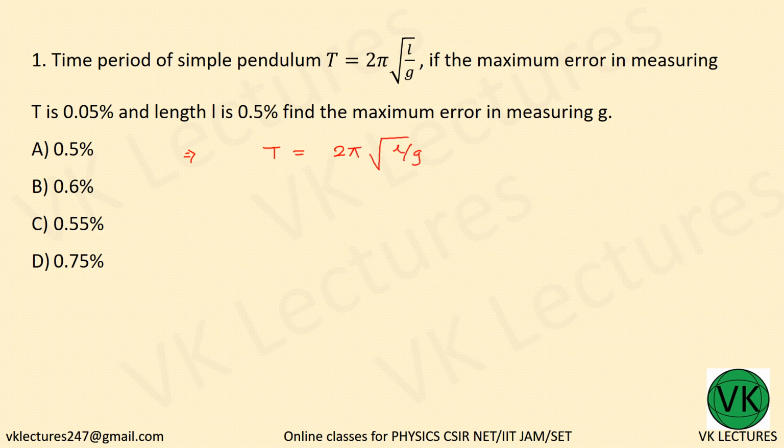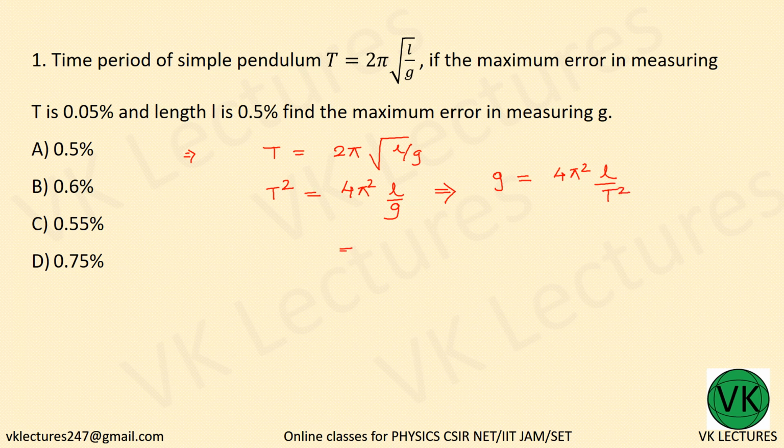Now what you have to do is make T square equal to 4 pi square L by g. Now bring this g to the left, make it the subject. g is equal to 4 pi square L by T square.